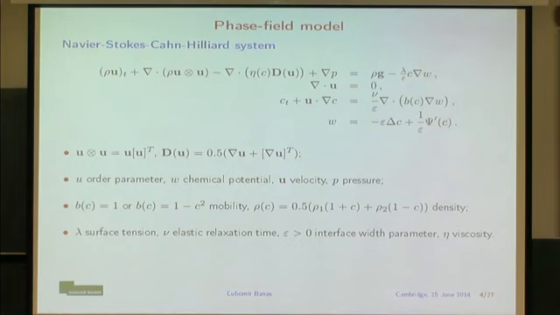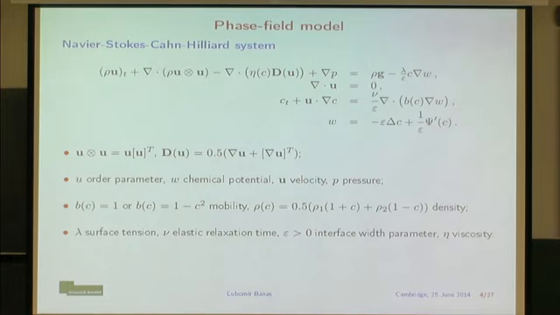Then we have some parameters in the model. The parameter epsilon controls the thickness of the interface. Then we have μ, a so-called elastic relaxation time, a phenomenological parameter that keeps the interface width constant.